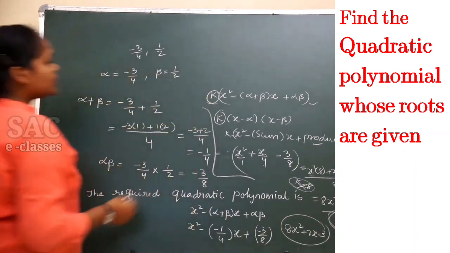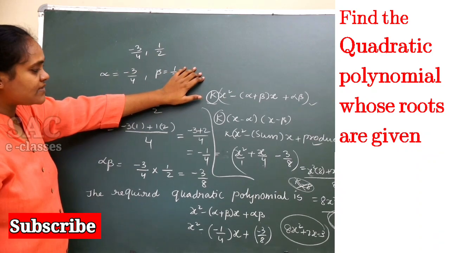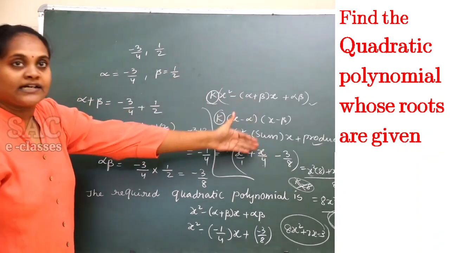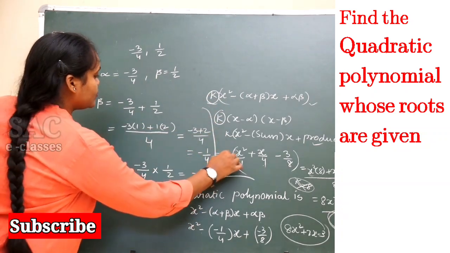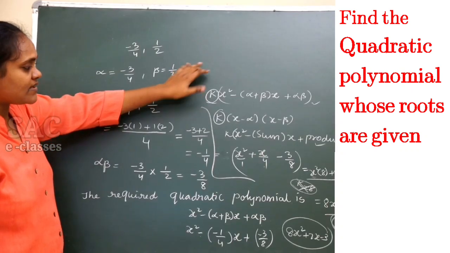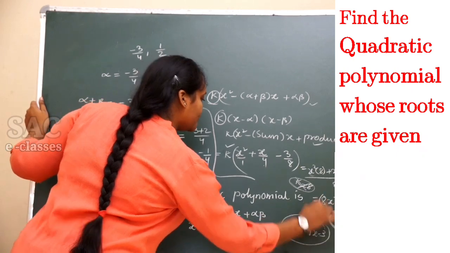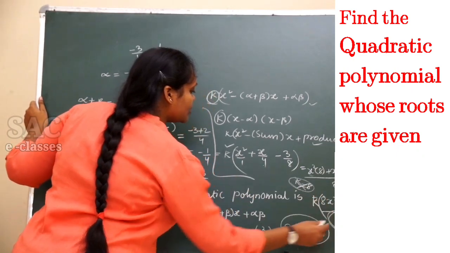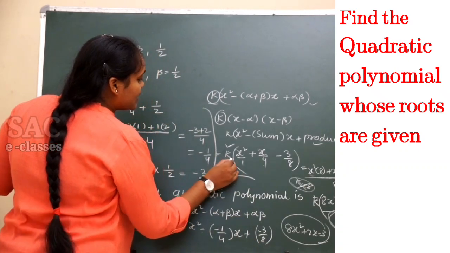Don't get confused. Here k is some value which makes it into a standard form. If you leave the answer here with the help of k, you will get the mark. If you leave the answer here, you will get the mark. And if you leave the answer here also into k, you will get the mark. If you ignore this also, you will get the mark. But usually we should not leave it here.